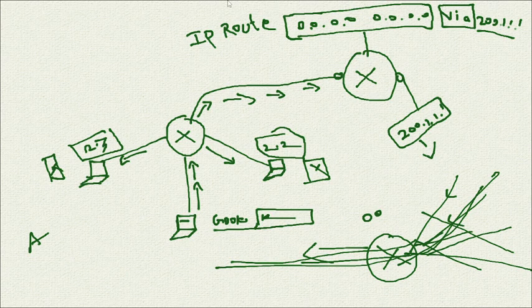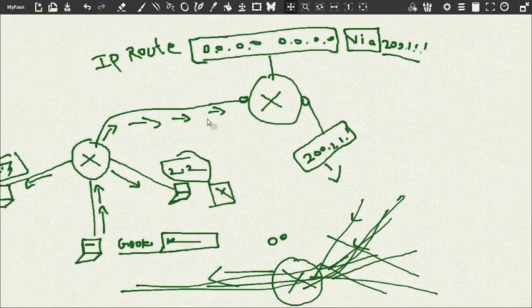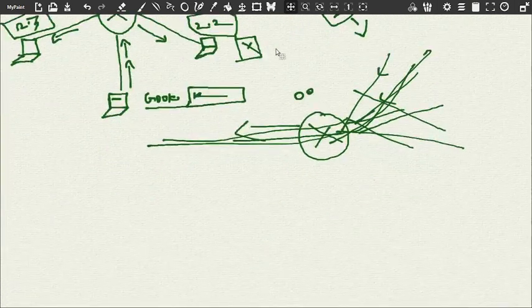So now you know what the IP route is and what the default gateway is, right? Simply, I am the person who wants to reach the internet. I am using the PC and I want to go to Google or Amazon.in.